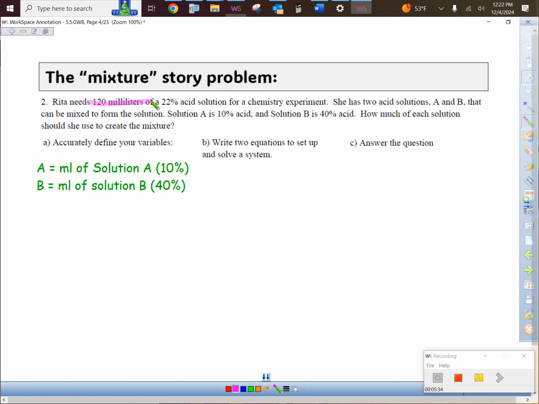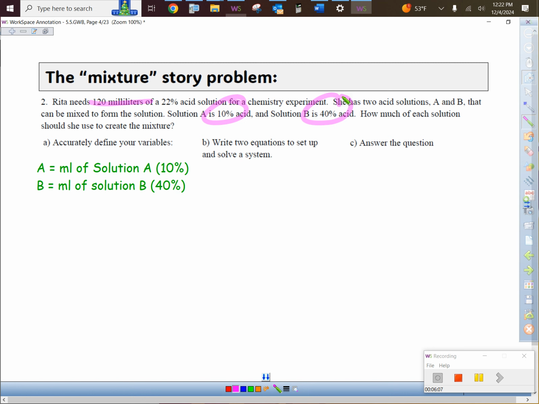Sometimes they don't even call them solution A and solution B. They just call it a 10% solution and a 40% solution. So you would say X is the milliliters of the 10% solution and Y is the milliliters of the 40% solution. But are we cool that those two got mixed together because they are the high and the low? Are we all right with that?